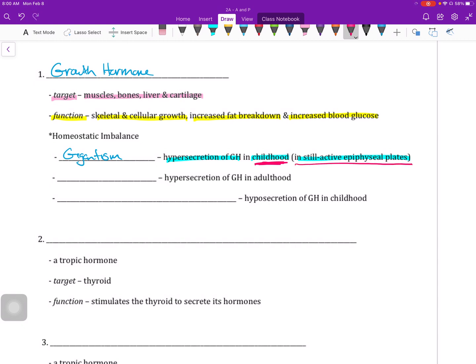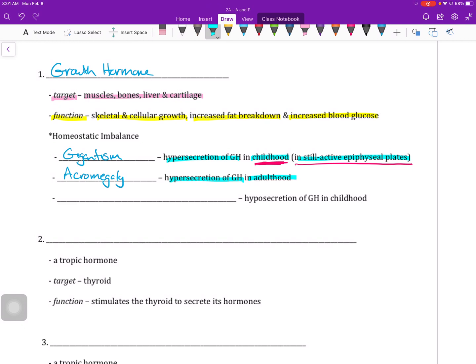All right. Now, the next one is called acromegaly. That is hypersecretion of GH in adulthood.